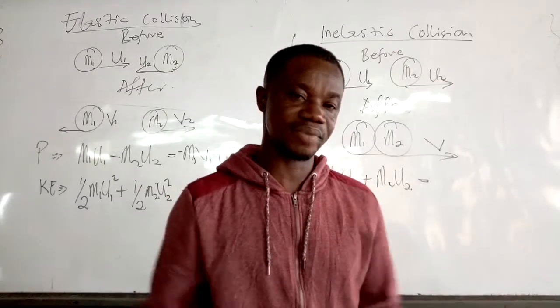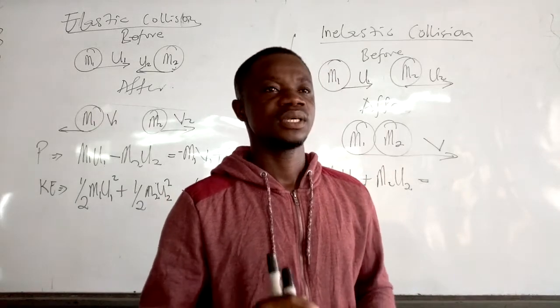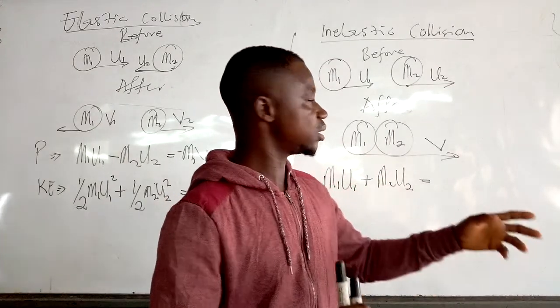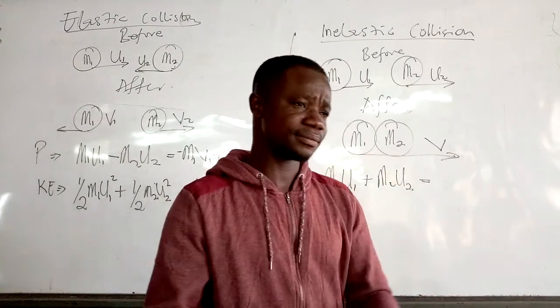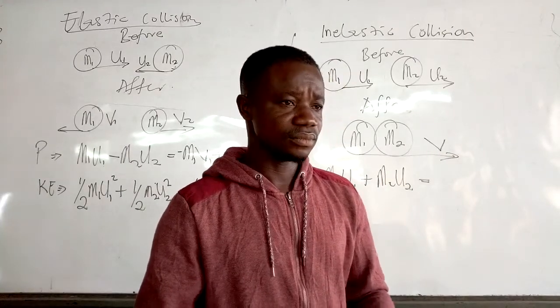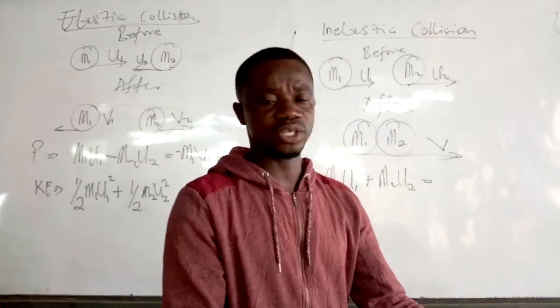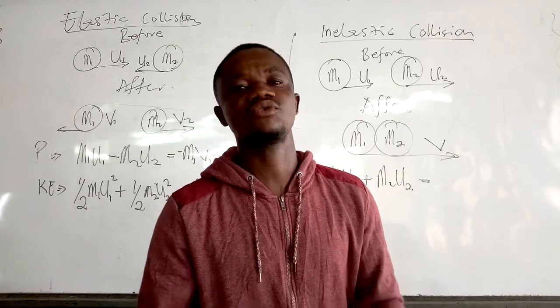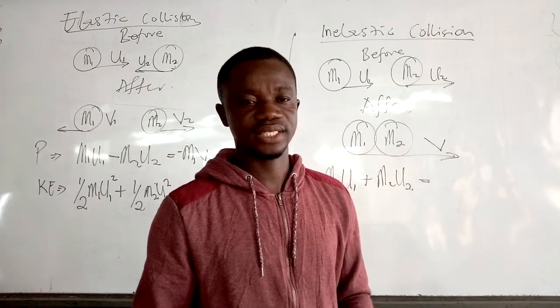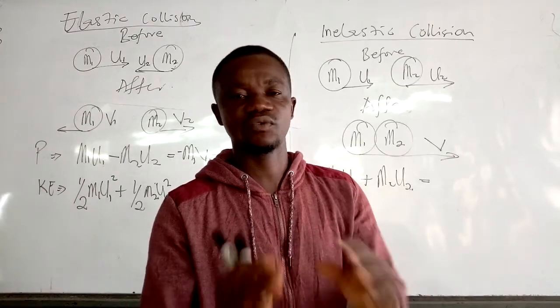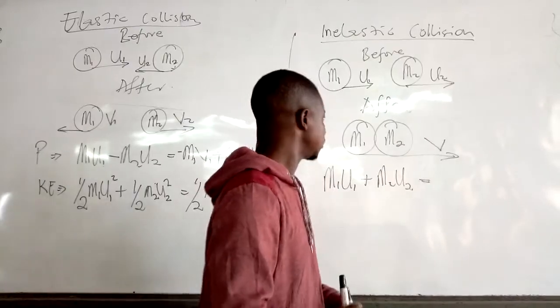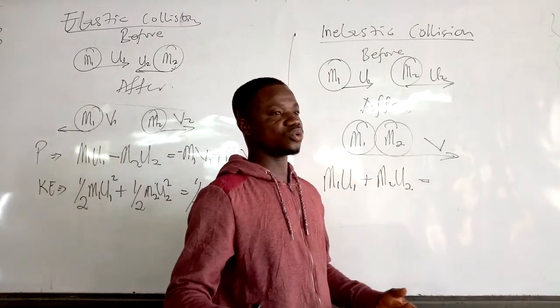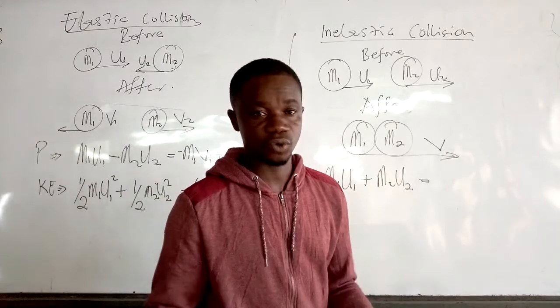That is when we sum them algebraically. Their momentum before collision and the momentums after collision are the same. That is what the principle of conservation of momentum says. Good. So this takes place when there is no external force acting on the body.